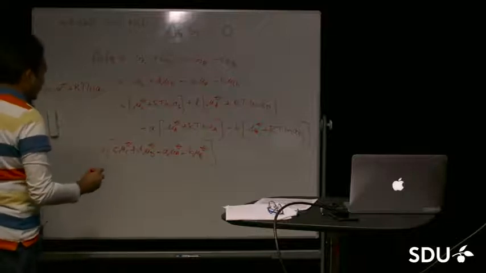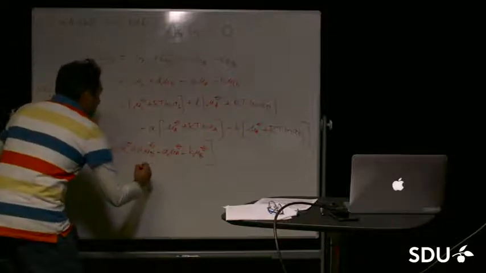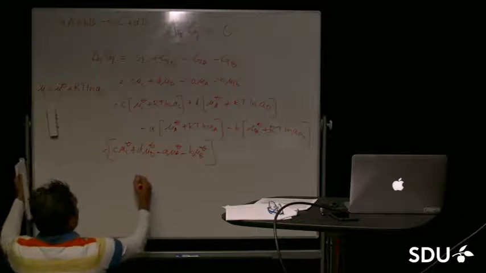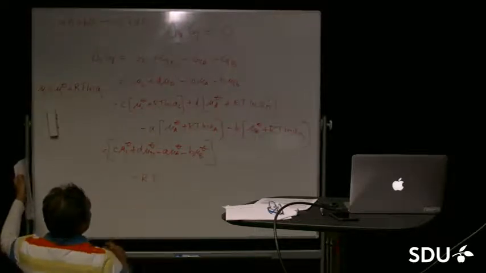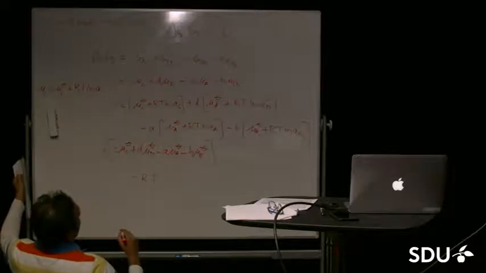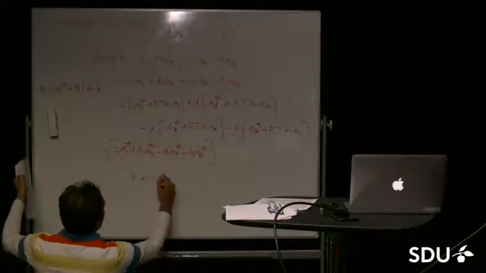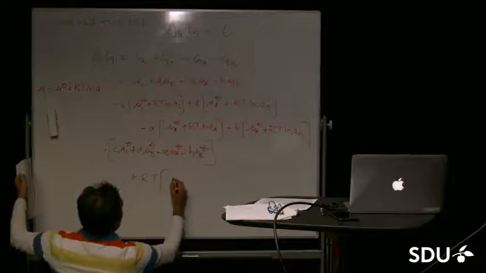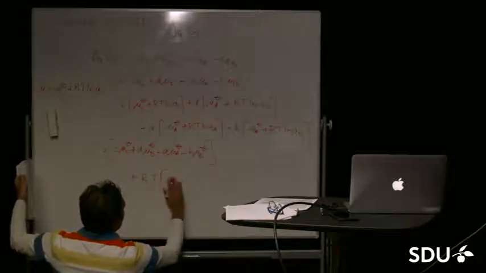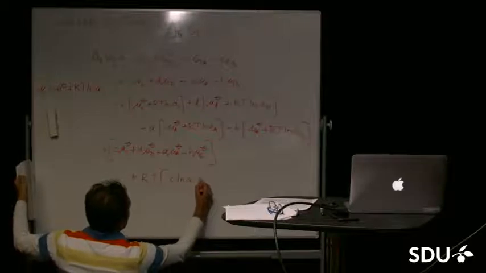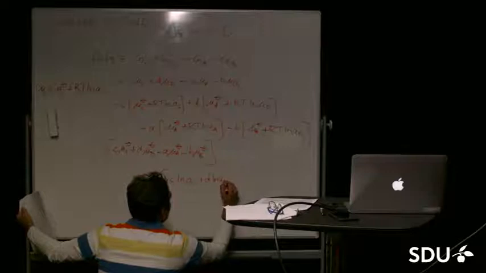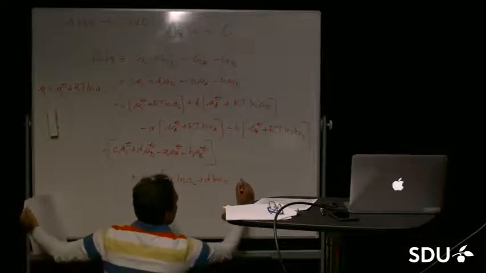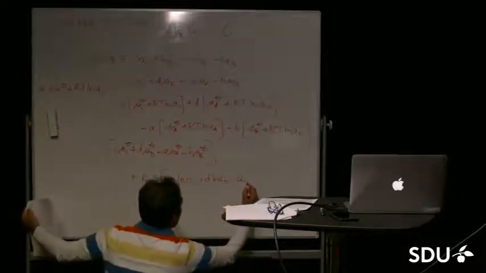And then I can write all the other terms in this way. I can take out RT, so plus RT times the number of moles of C multiplied by the log of the activity of C, the number of moles of D multiplied by the log of the activity of D, and so on. And for the reactants, there is a negative sign.